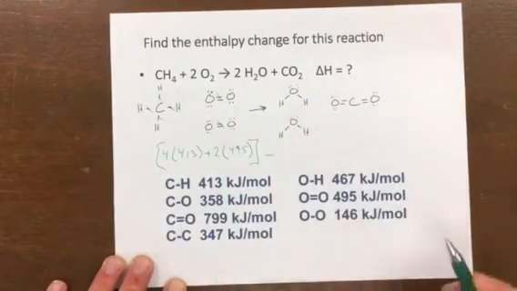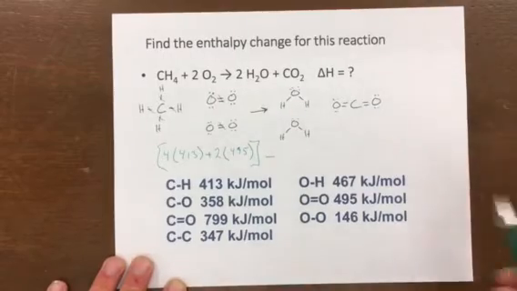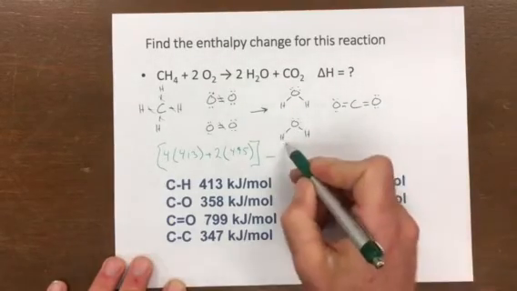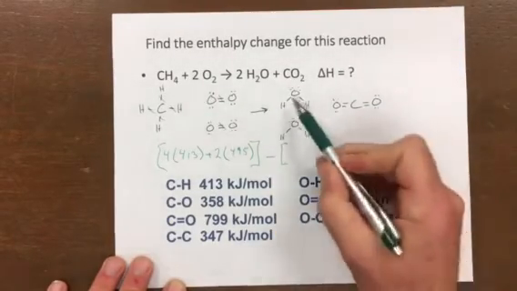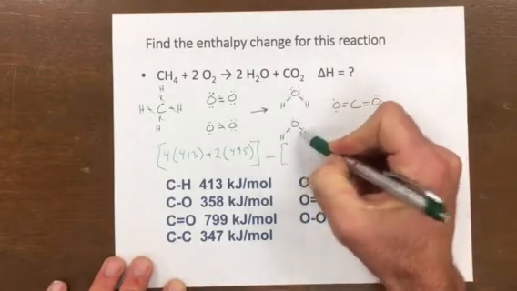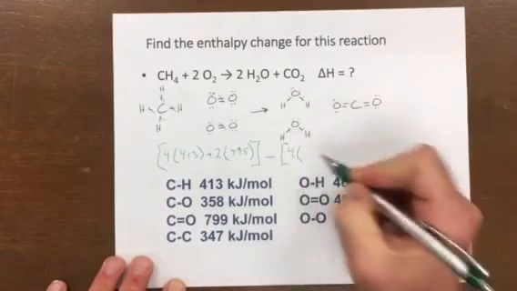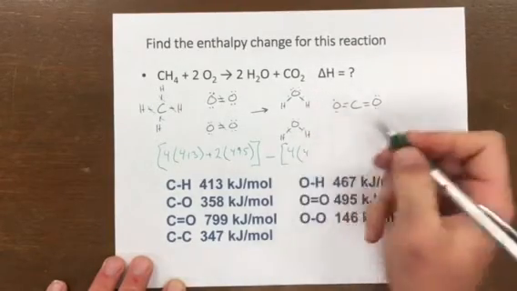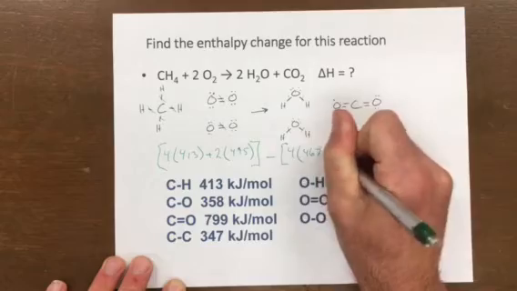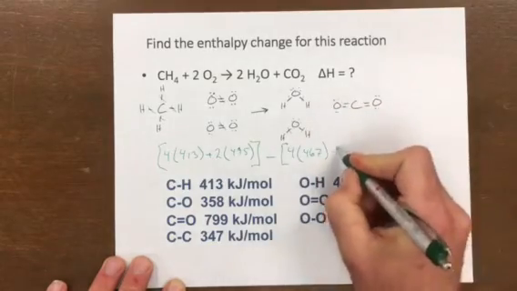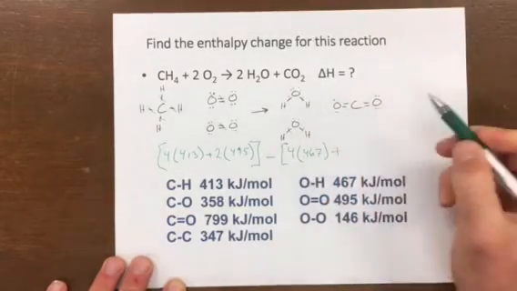And then the bonds that are going to be formed, the bonds that are going to be exothermic, giving us energy back, so that part's going to be negative, will be 1, 2, 3, 4 bonds between oxygen and hydrogen. So we have 4 bonds that are 467. Plus we have carbon to oxygen double bonds.